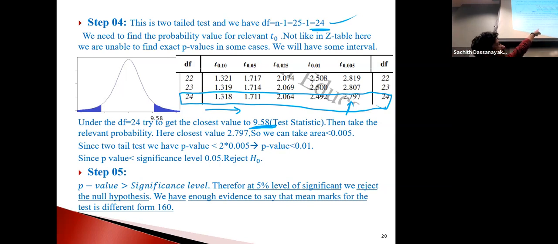Just before the last one, 2.492. Next one, 2.797, increased. So if you use this pattern, the next one is definitely above that value, and after that the values keep increasing. So your value you can find somewhere here, but you don't know the actual value for that one.